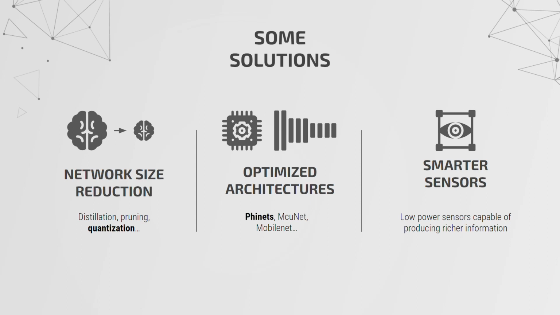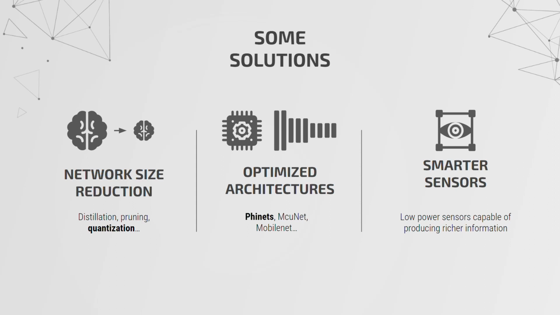And most importantly, we can use, for example, smarter sensors. So sensors that can give us simpler information to analyze, leading to a simpler problem to solve for these networks, leading to the capability of using a very small network.